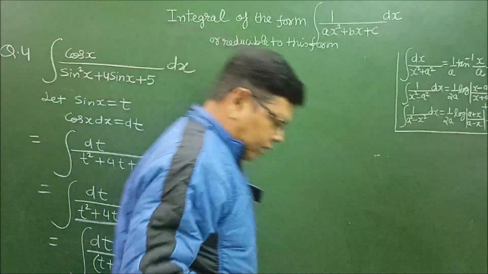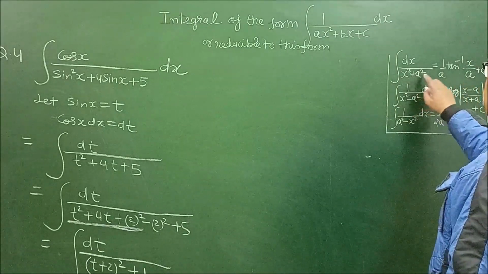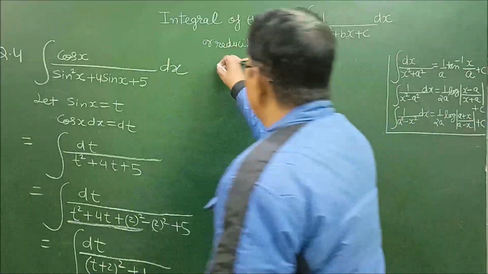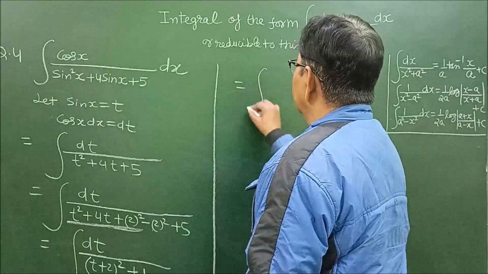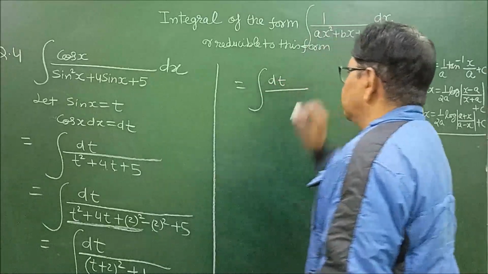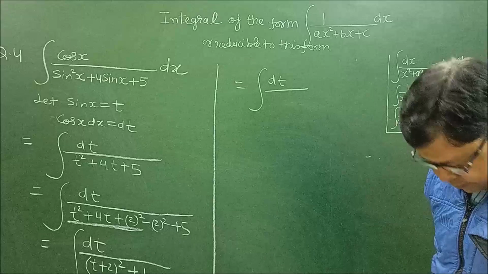Now this integral is of the form dx upon x square plus a square form. So we can write here, this is equal to integral of dt upon (t plus 2) square plus 1 square.